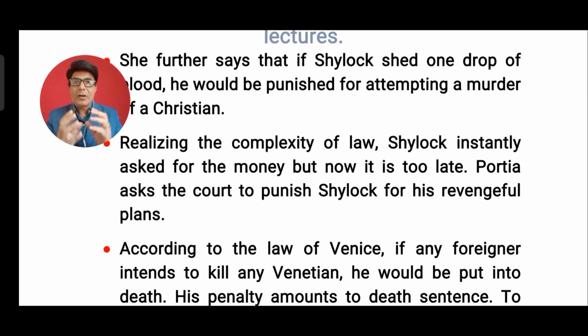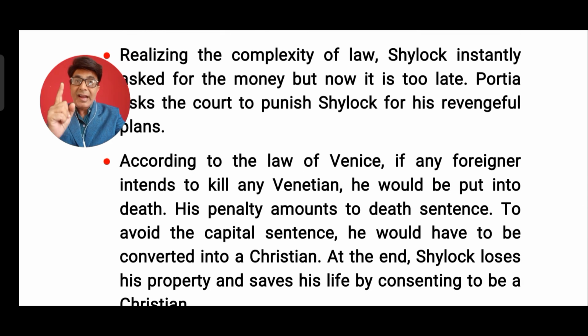It is just because of the timely entry of Portia, because of the intelligence of Portia, that the table is turned. Now Shylock instantly asks for the money, but now it's too late.